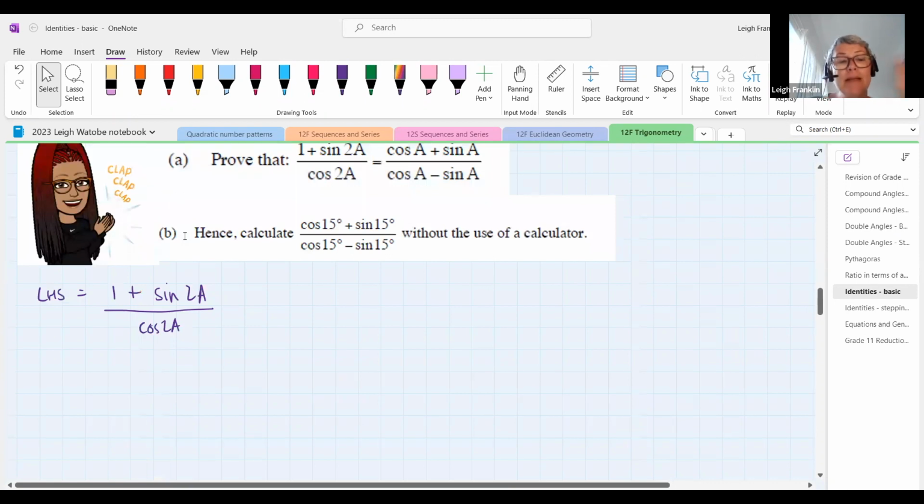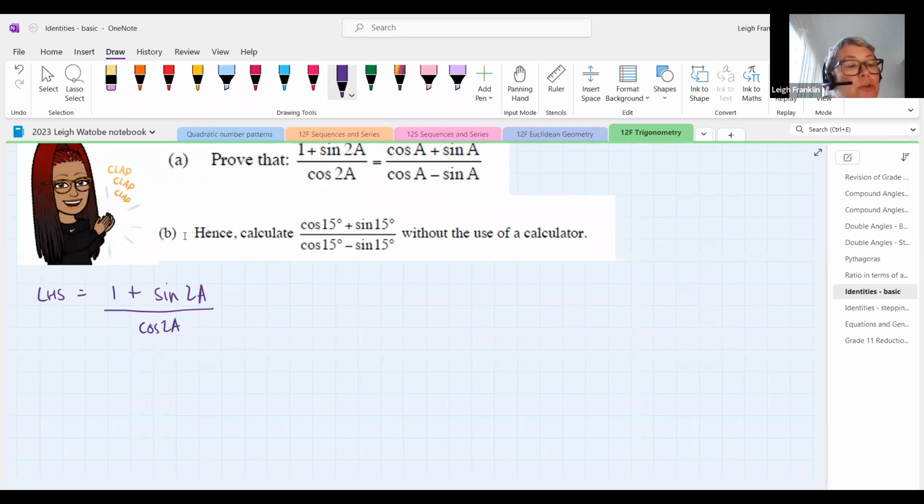When they see 1 plus sine 2a, they want you to write sine 2a as 2 sine a cos a, and they want you to change the 1 into cos squared a plus sine squared a. All right. So let's go ahead and do that. I'm going to write my 1 as sine squared a plus cos squared a, and I'm going to write sine 2a as 2 sine a cos a.